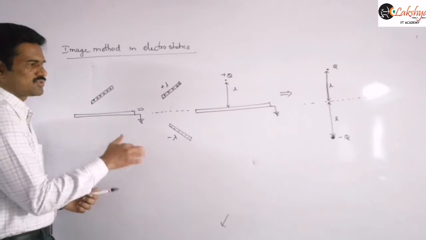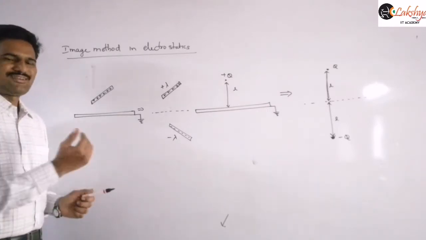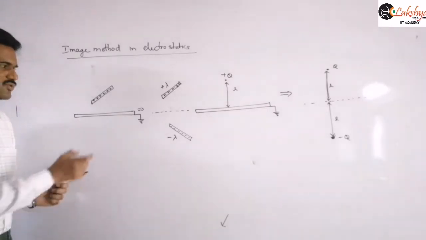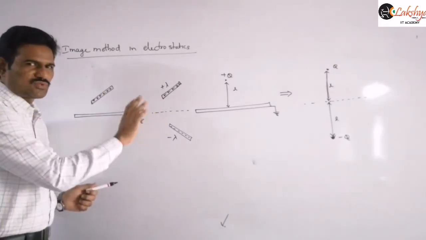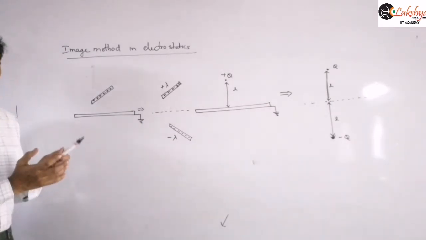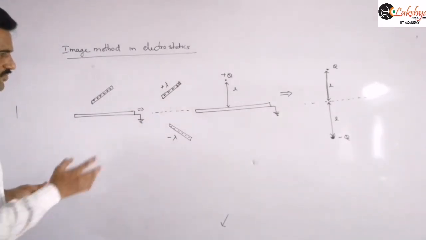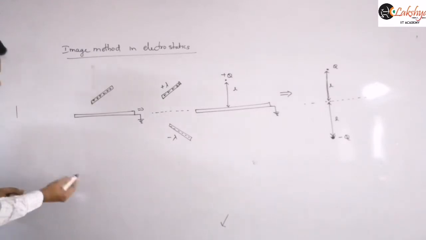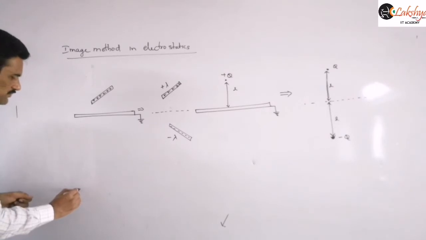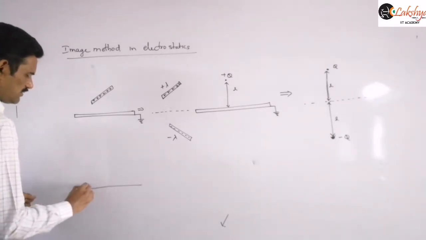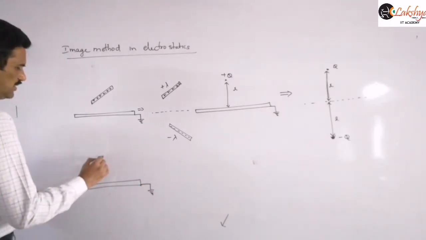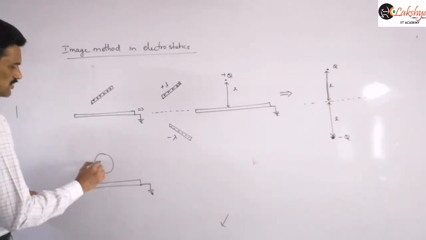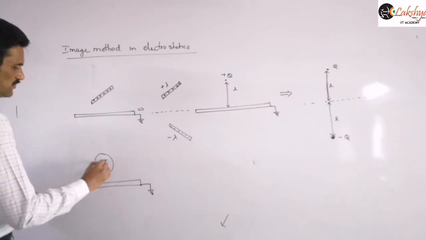Now whatever the force or field or potential we want to calculate at any point due to the resultant of these two, you can calculate the same values due to the resultant of these two here. So that is the simplicity when you are converting it into its image. Now similarly, let us consider another example. If this is a conducting plane again, which is grounded, here I am taking a spherical charge distribution having some charge plus q.